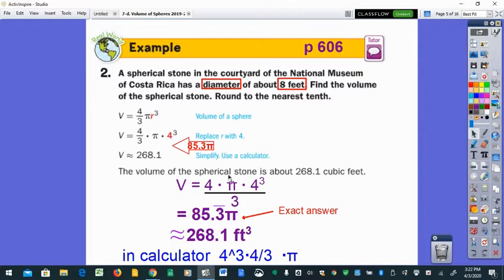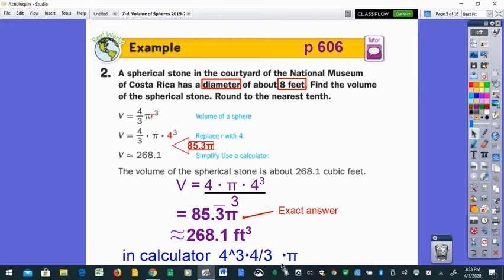If you look down here, you can see this is the easier way to set it up for the calculator. There is the 4, the pi, and the radius cubed, and we're going to divide it by 3. So in the calculator, you would take your radius, raise it to the 3rd power, multiply it by the 4, and divide it by 3.